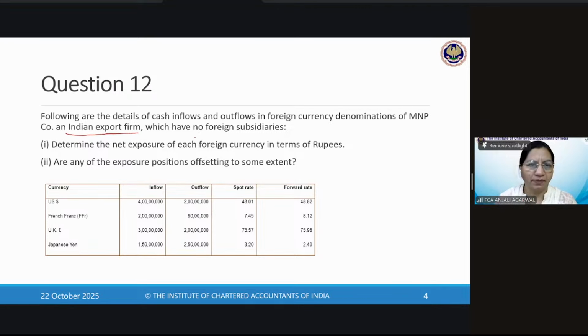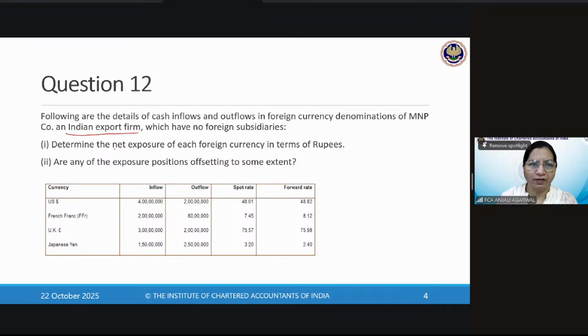It has no foreign subsidiaries. So there are transactions with other companies or entities in different countries, because this is an Indian export firm with no subsidiaries.